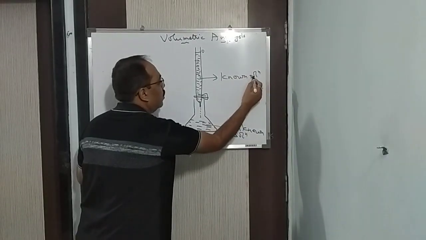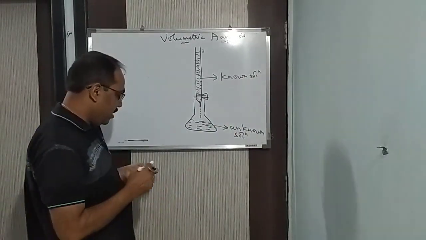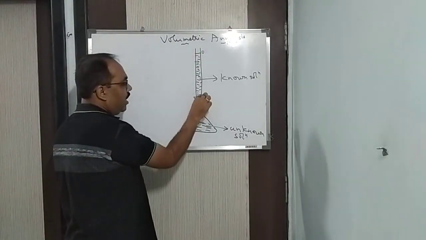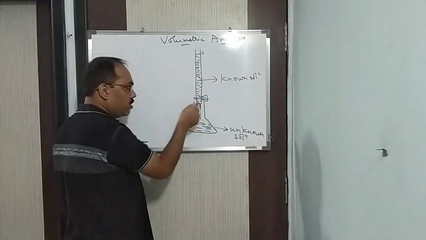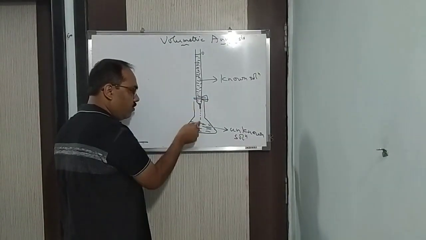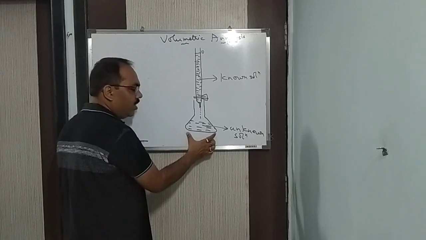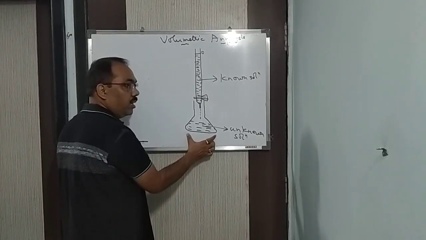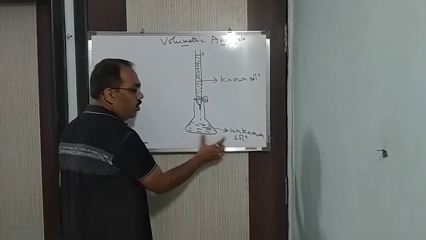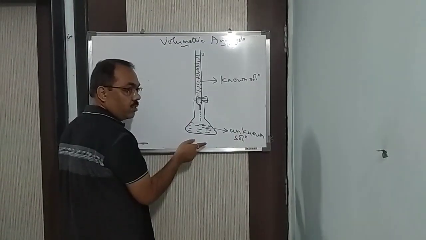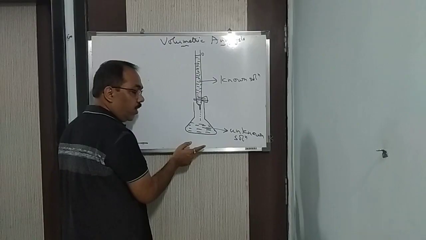This is your burette with a stopcock. You open the stopcock so that drop by drop the solution falls into the titration flask, which is a conical flask. In it we take the unknown solution, whose concentration we determine by this process of titration.